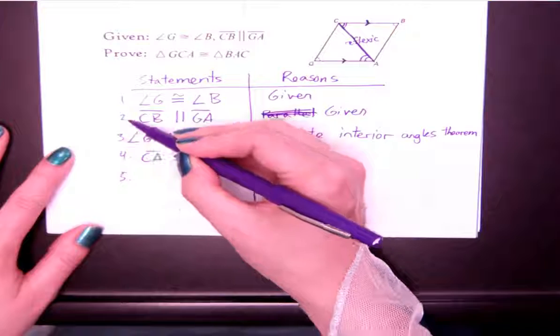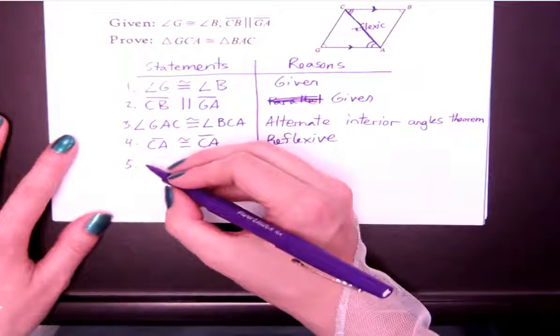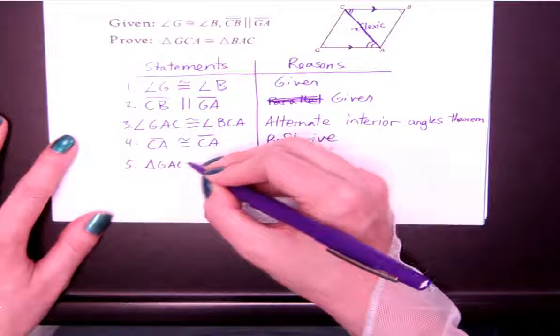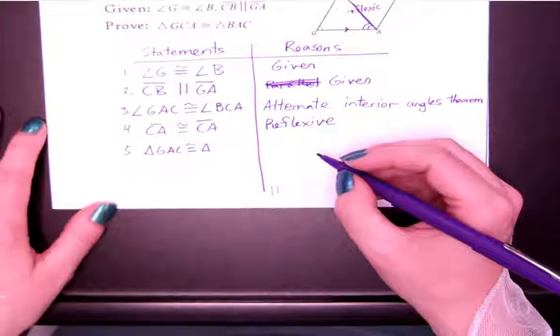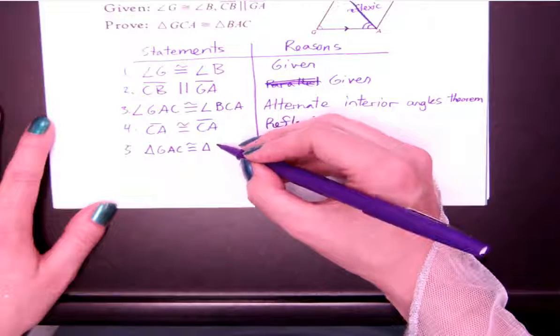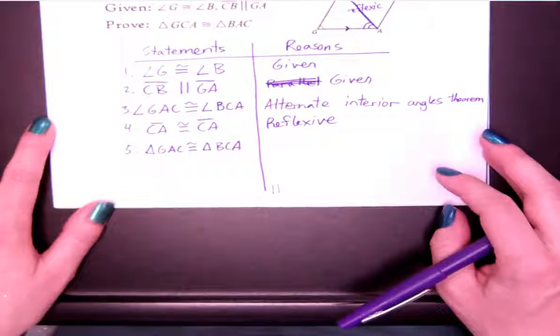And so are we ready to prove the triangle is congruent? Yes. So triangle GAC is congruent to triangle what? What order? BCA, yep. And by what reason?